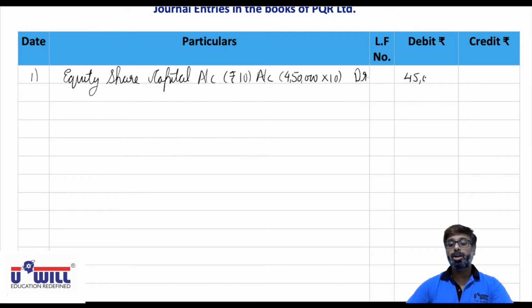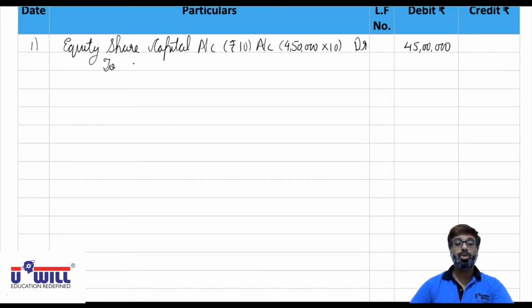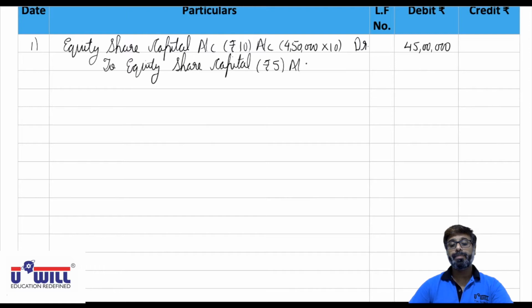And to equity share capital with new face value, that is rupees 5 account, an amount 4,50,000 into 5, that is 22,50,000.